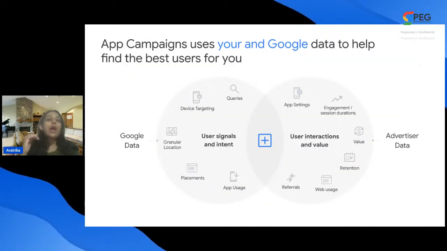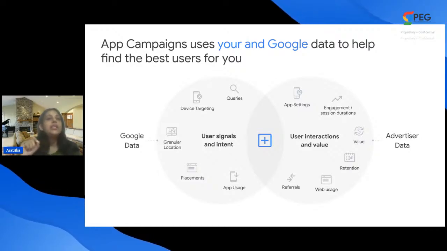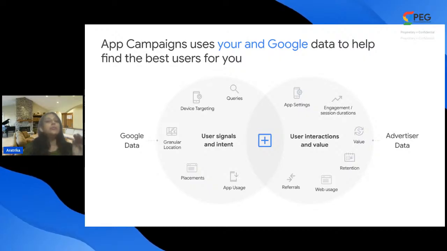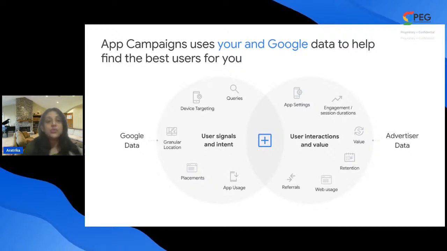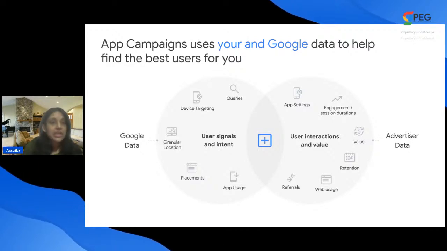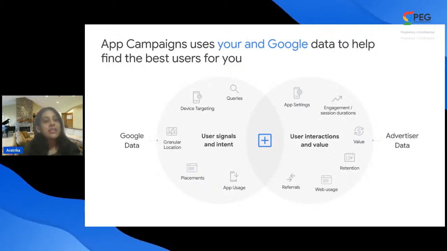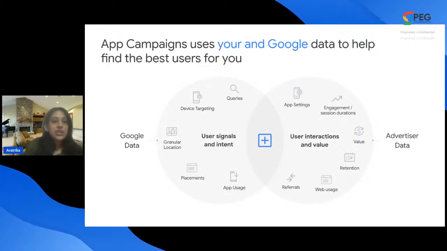Now, app campaigns have a way of identifying different kinds of signals. These signals could either be the user signals, or it could also be the advertiser data. When we talk about the user signals, which is again the Google data, it could be the device targeting, the user location, the kind of query that the user has searched for.